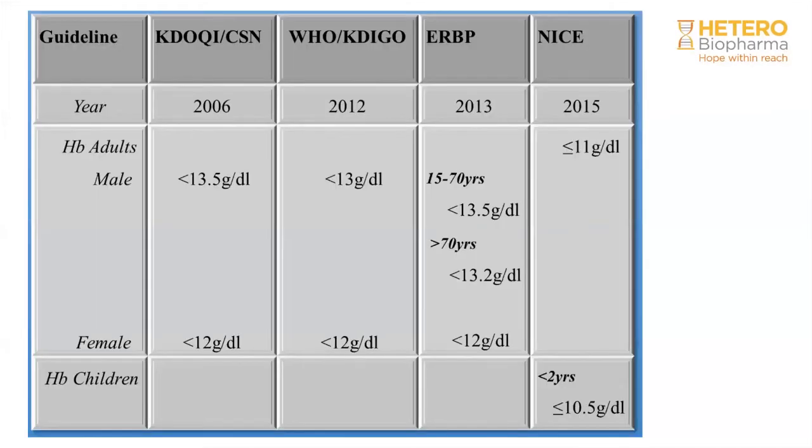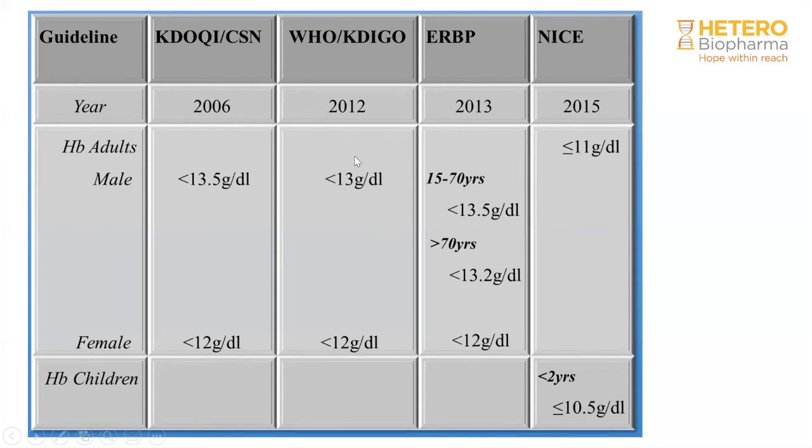So let's come to the definition of what we talk about with erythropoietin, when you need to use it, and what is anemia. These are the various guidelines, and what we often follow are the KDIGO guidelines, which were published in the year 2012: hemoglobin less than 13 in an adult male.